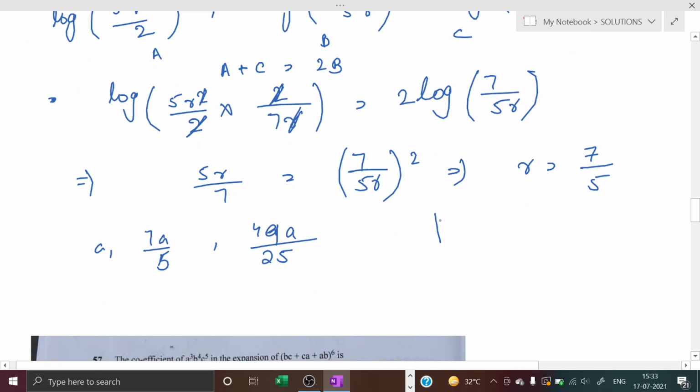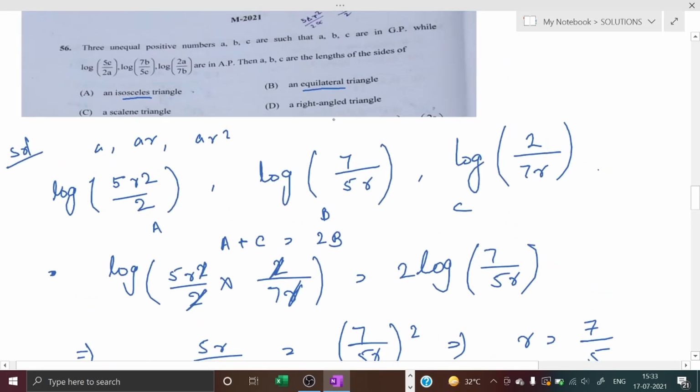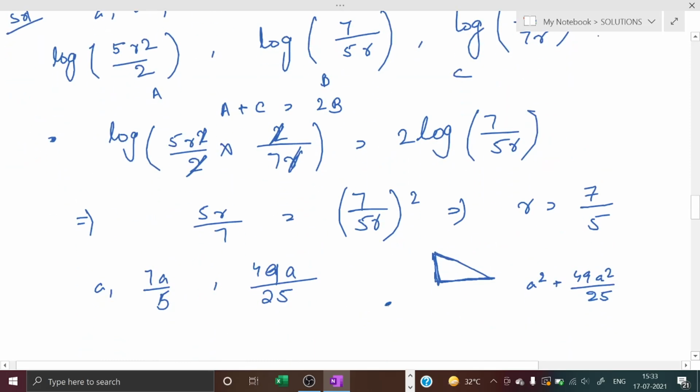You know that the largest side is the hypotenuse. So this is the largest side. So the sum of squares of these two, a square plus 49 a square by 25, is not equal to 49a by 25 whole square. So this is not an equilateral triangle, not a right angle triangle either. So this is a scalene triangle. Okay, definitely a scalene triangle. Option C.